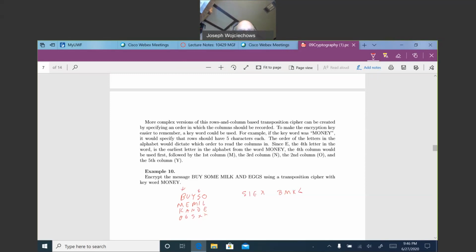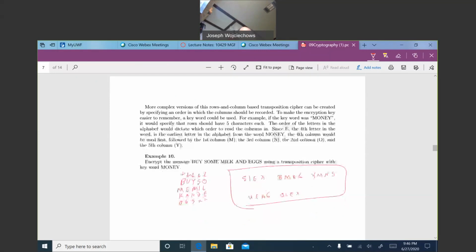Then we would go to the 3rd column. Then we would go to the 2nd column. And then we would go to the last column. And that would be our encrypted message.